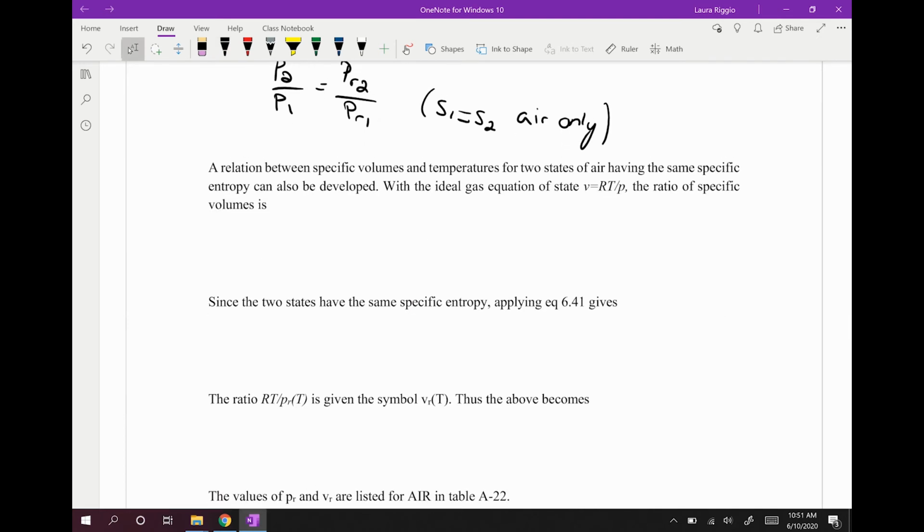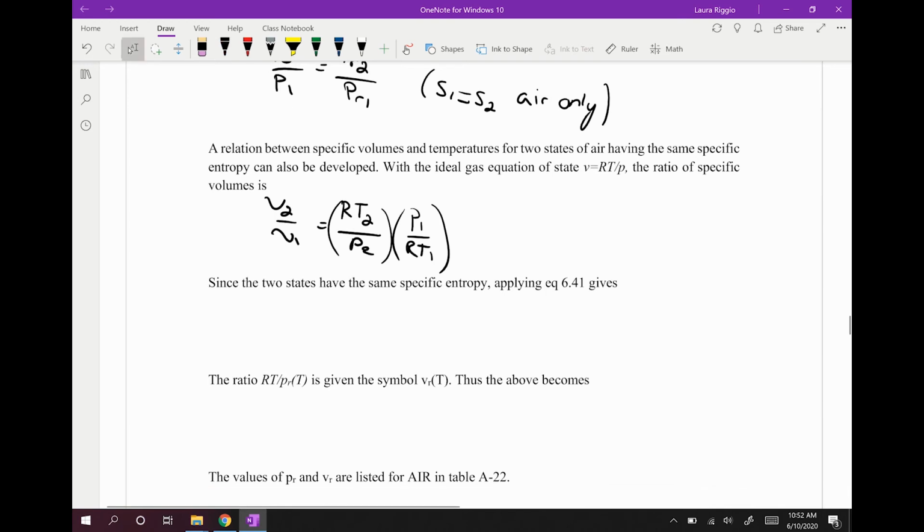We can develop a similar relationship for our specific volumes. Again, since the states have the same specific entropy, I can use my P_r relationship for my pressure ratio.